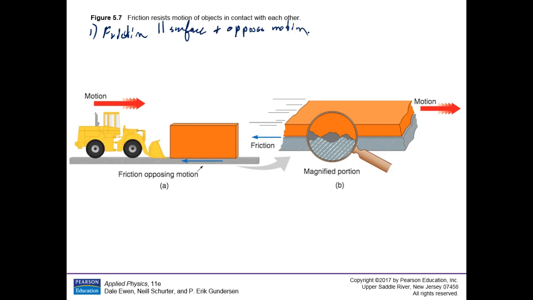When I pulled on the desk, the friction was that way, opposing my motion. Okay, but I did get it to move. But then when I went to push the desk back, now the friction's this way, opposing the motion. It always is opposite to the attempted or actual motion. So there's the first characteristic of friction.